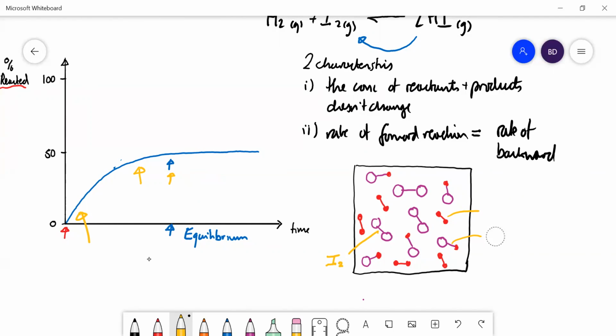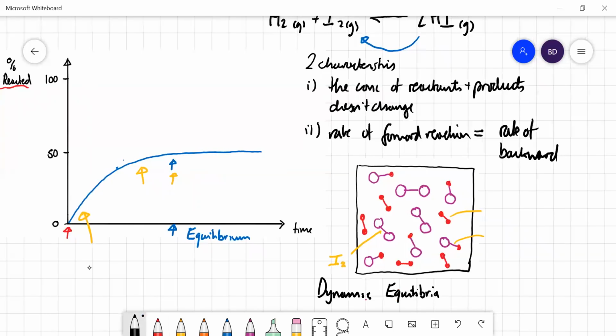The name for this is usually a dynamic equilibrium. Dynamic means moving. It's moving all the time. You can't see it moving. It appears as though nothing's happening, but it is moving backwards and forwards all the time.